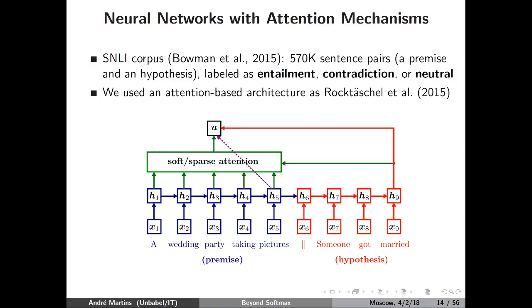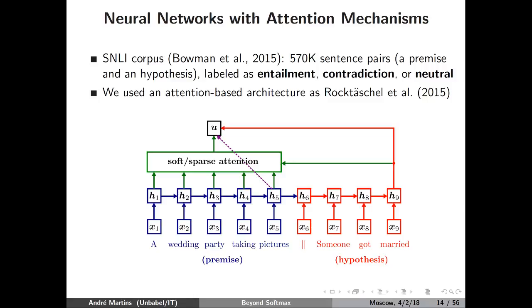Basically what they do is there's a recurrent neural network encoding the premise. Each state corresponds to a word of the premise. There's another recurrent neural network encoding the hypothesis. Of course, they use LSTMs for these recurrent layers.